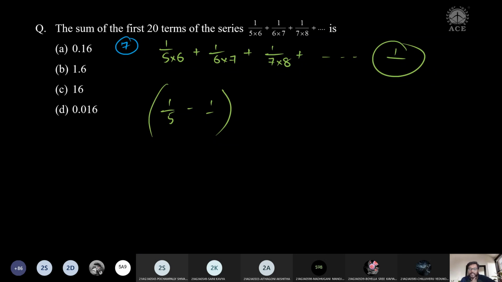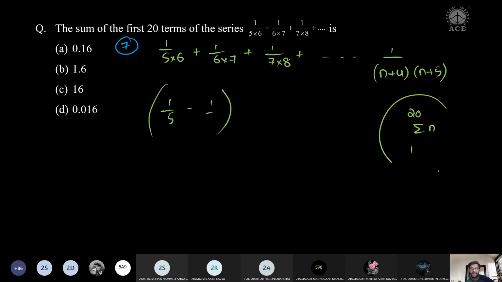Check it out. 20 terms, my dear friend. See, what we can do, this question can also be written as 1 by n plus 4 into n plus 5, where n is from 1 to 20. N value lies from 1 to 20. See this.